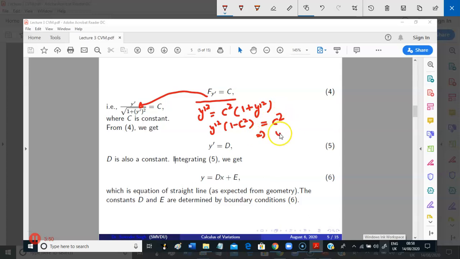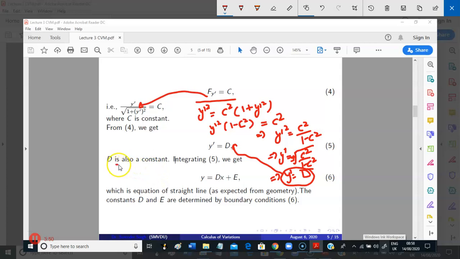That implies y dash square equal to c square divided by 1 minus c square, and that implies y dash equal to the square root of c square over 1 minus c square, plus or minus. All of these things are constants, so you can write y dash equal to some constant d.